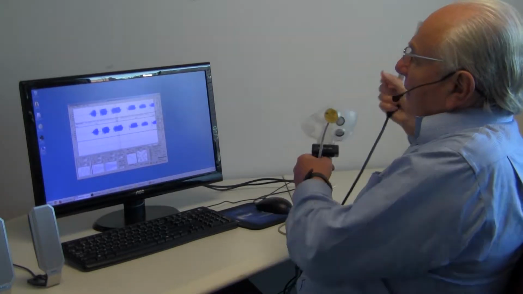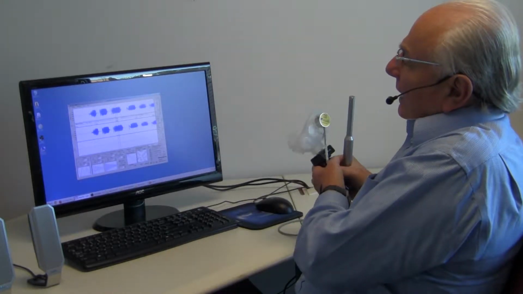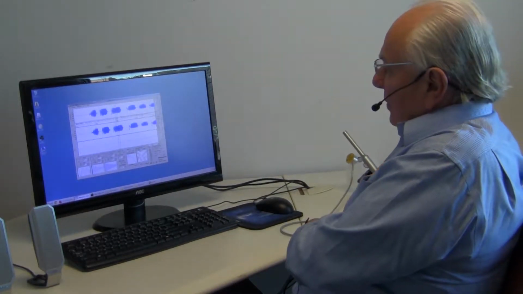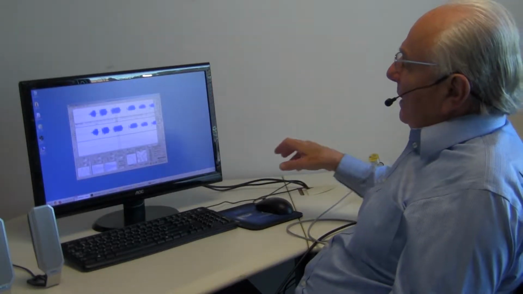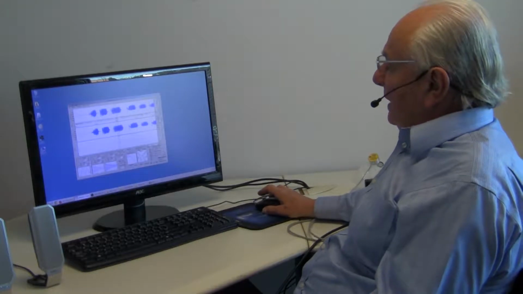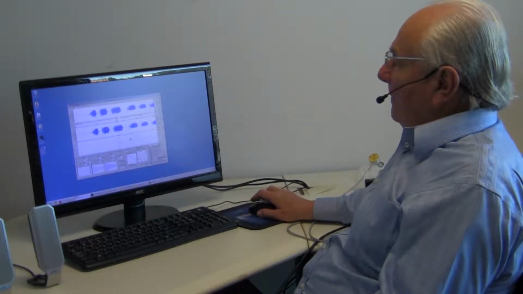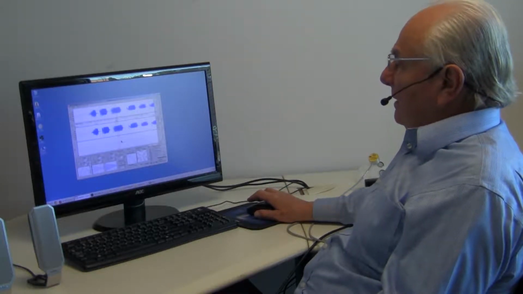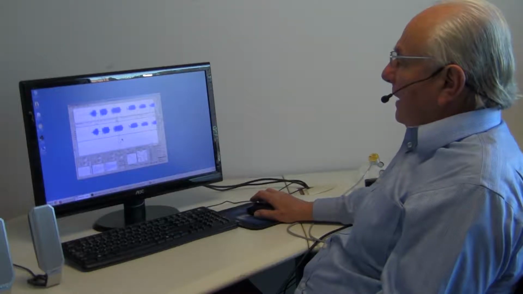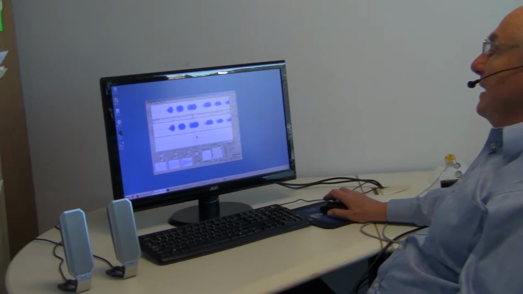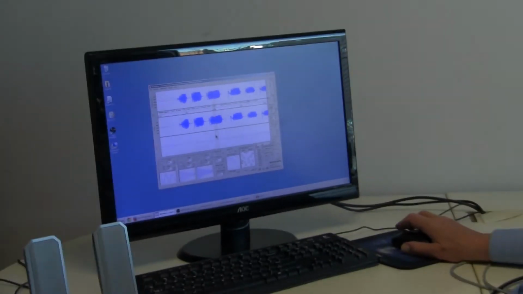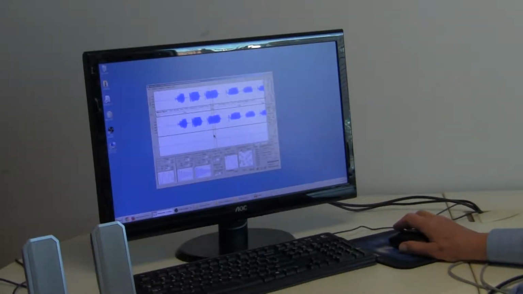Now, what I have here is the waveform of a pre-recorded signal of me saying pa pa pa, pa pa pa.